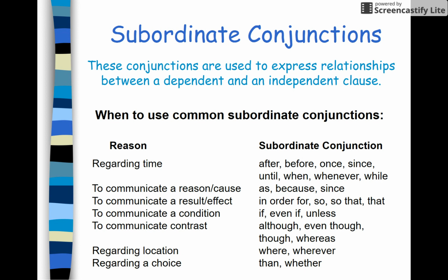Okay, so if you have a look at all of these examples here on the right hand side, you would use a lot of these quite frequently. They might indicate time, when something happened, a reason for something, a result or effect, a particular condition under which something can occur, a contrast, a location for something, or a choice or an option for things.